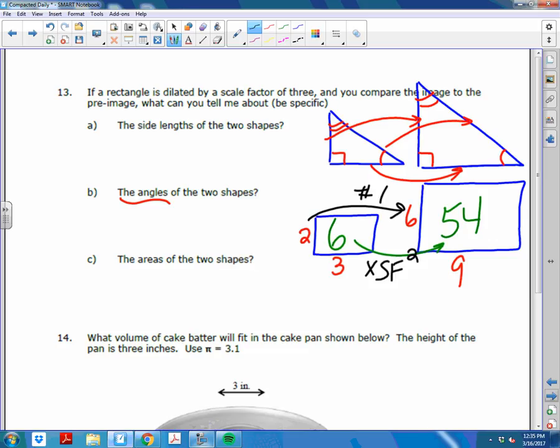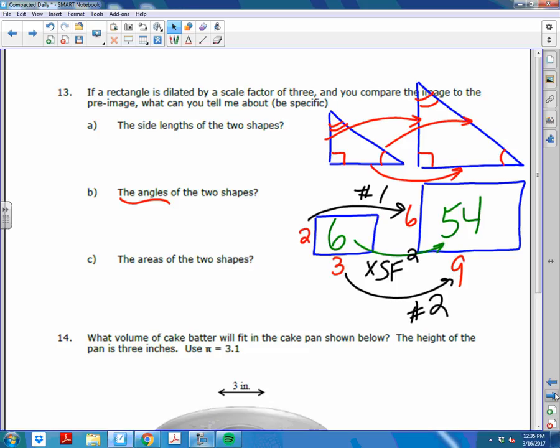One time there and the second time there. But I don't want you thinking, oh, it's just times 9. It's times 3 squared, because 3 is the scale factor. That's exactly right. If the scale factor was 4, it would have been times 16. If the scale factor was 6, it would have been times 36.